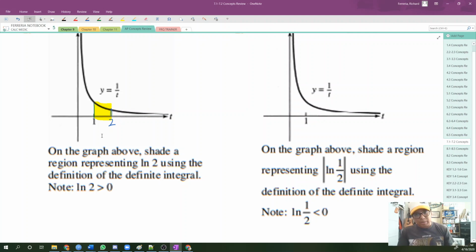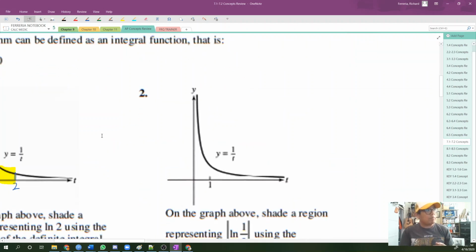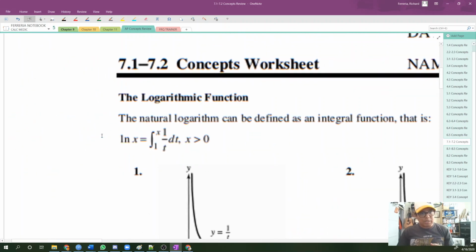Now, this second one, on the graph above, shade the absolute value of the natural log of 1/2. And it needs to be in absolute values because area is always a positive number. If we change this upper limit here to 1/2, that's going to give me a negative result because 1/2 is smaller than 1.